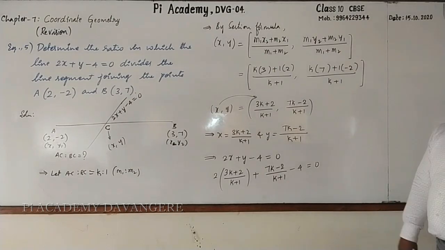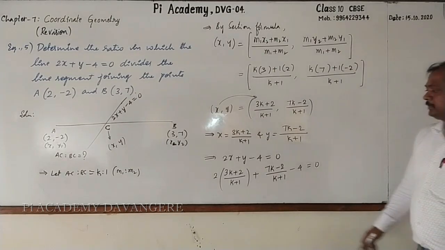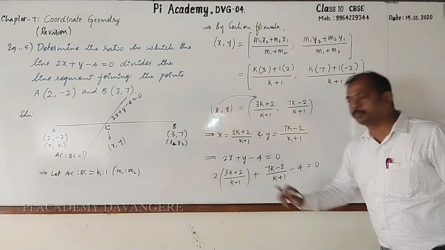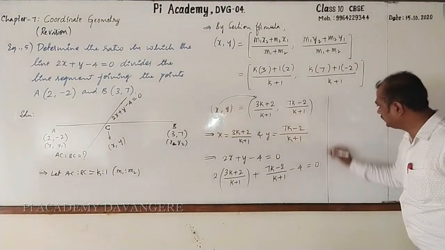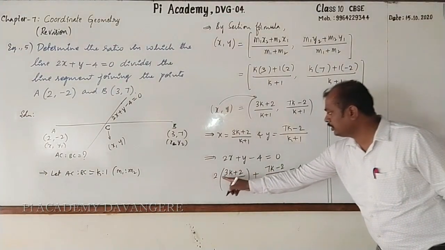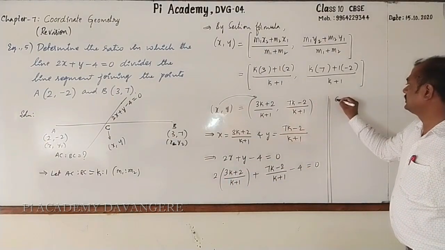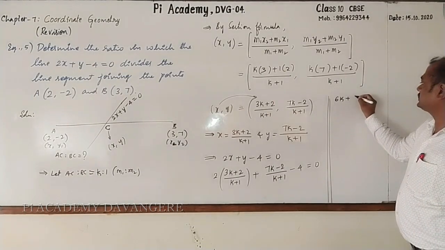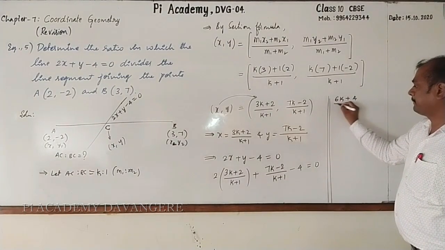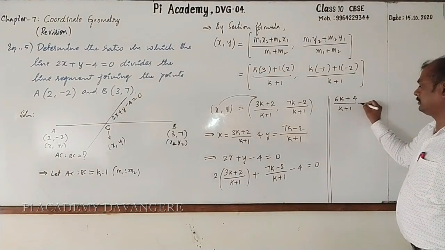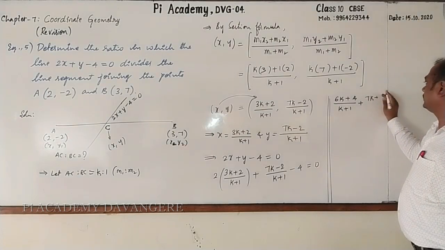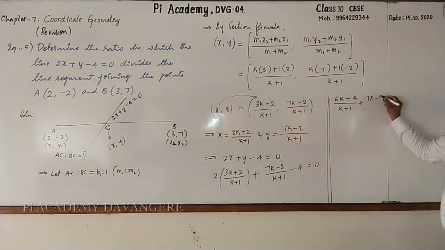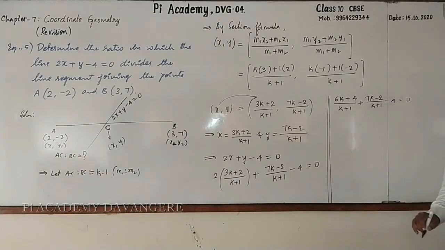First you multiply 2 with both the terms: (6k + 4)/(k + 1) + (7k - 2)/(k + 1) - 4 = 0.